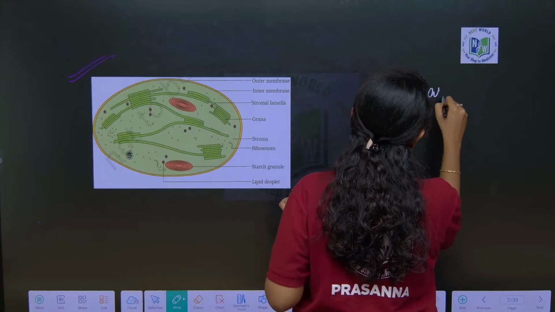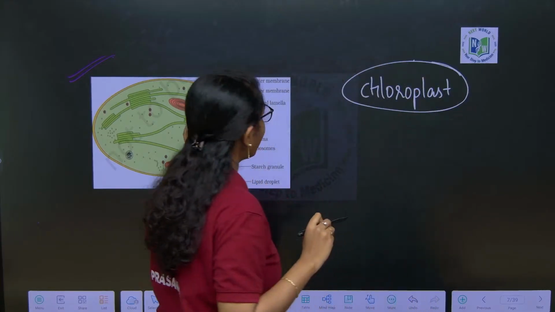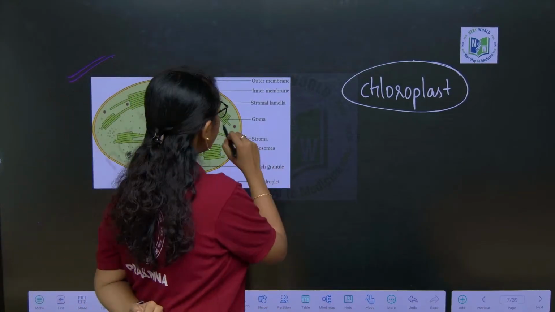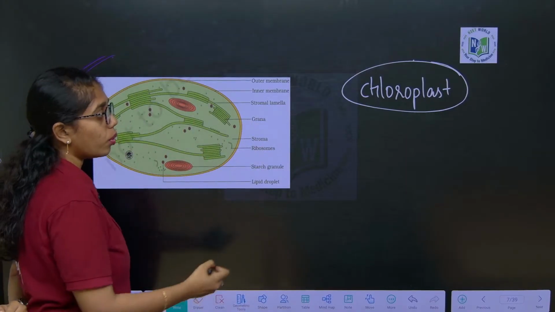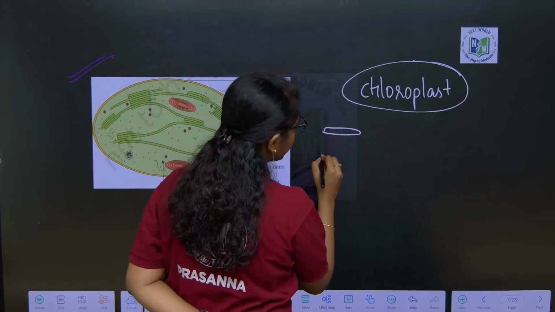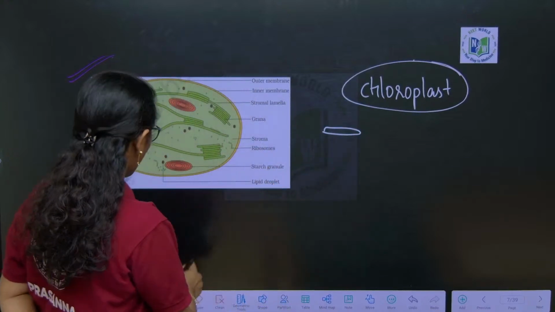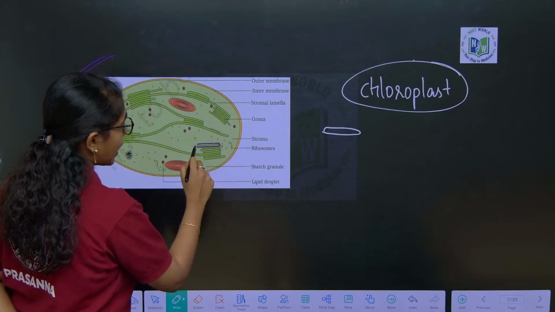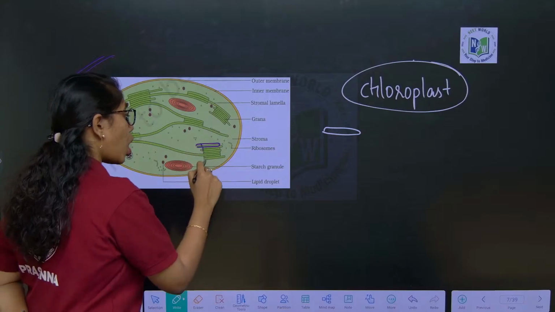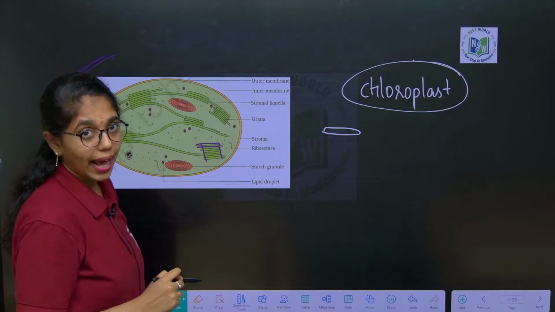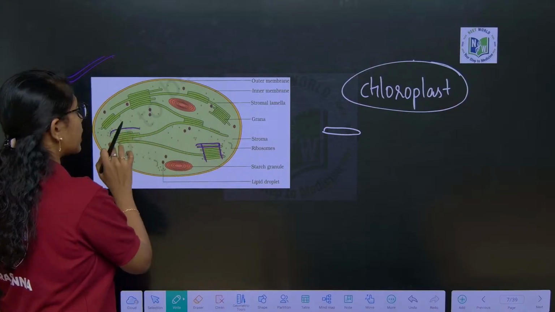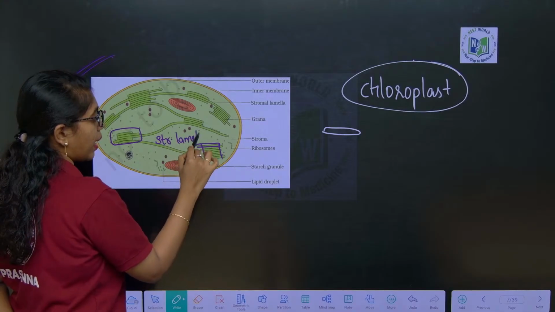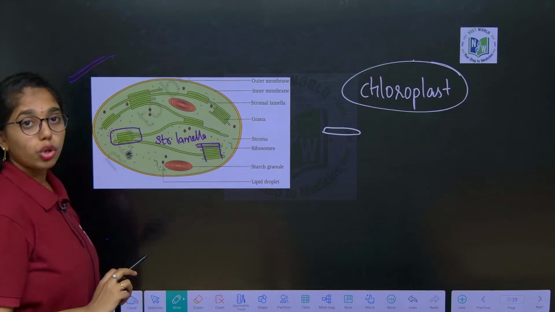It has two membranes, and the fluid filled space inside is called the stroma. The sac-like structures inside the chloroplast are called thylakoids. A stack of sac-like structures is called grana. One grana is connected to the other grana by stroma lamellae.